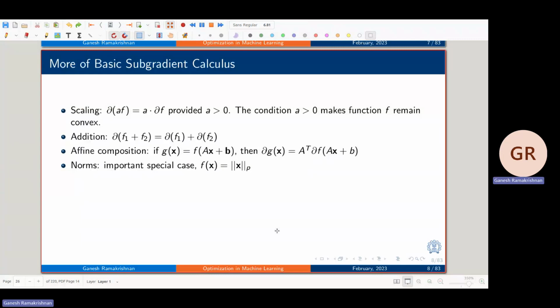Can I write this Cauchy-Schwarz inequality differently? Is there another way of writing it? In terms of, say, max values?